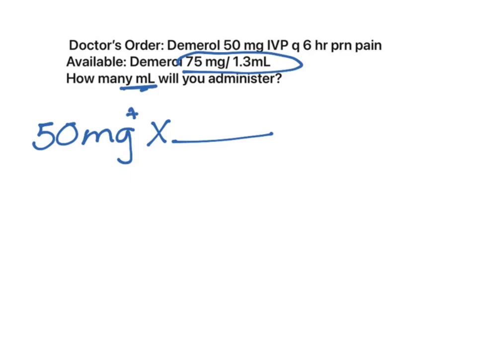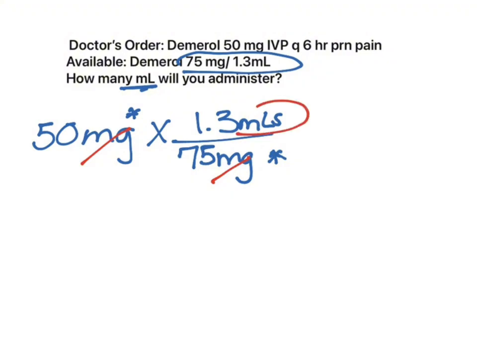So if milligrams is on the top, milligrams have to be on the bottom in order to cancel out. So we're going to put 75 milligrams on the bottom, and on the top we're going to put 1.3 mLs. All right, so milligrams then cancel out, and we're left with mL. So all we have to do now is multiply the top. So 50 times 1.3 gives us 65, and then we just have 75 on the bottom.